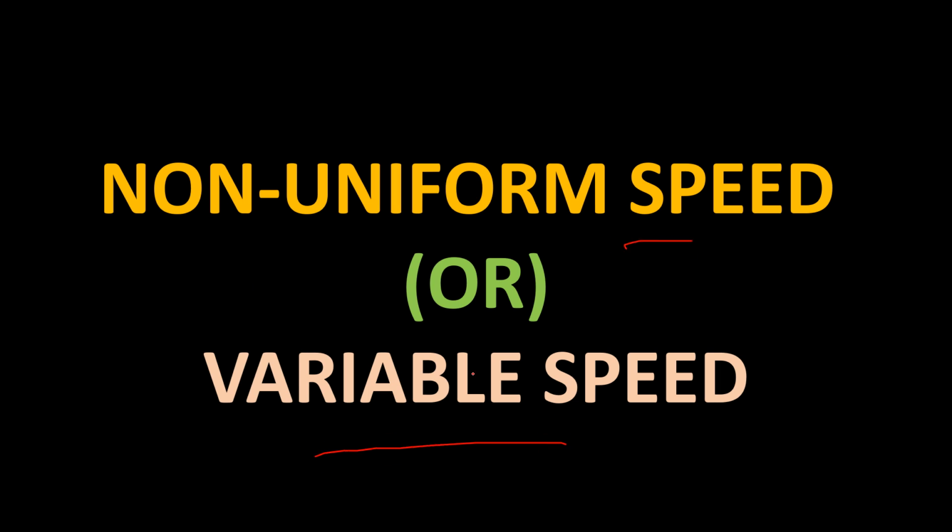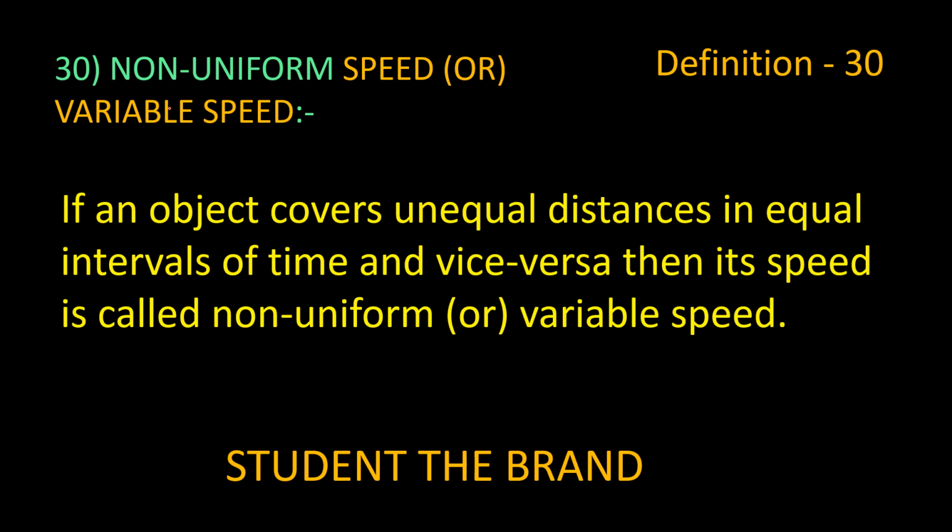Non-uniform speed or variable speed: if an object does not cover equal distances in equal intervals of time, then its speed is called non-uniform or variable speed.